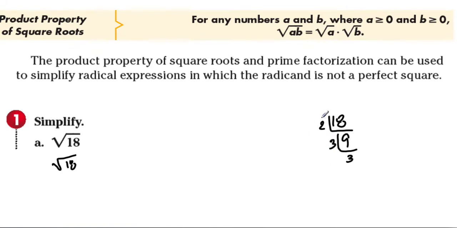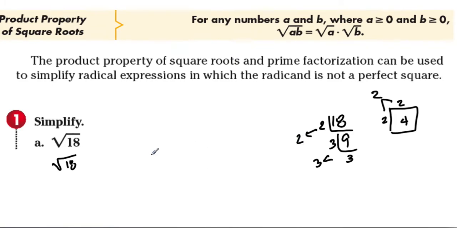And if you notice, since we're talking about a square root, remember, this is a square. Let's say the area is 4. That means the side would be equal to 2 and 2. The root of this square is 2. When you pair up that 2, the root of that square would only be 2. So using the drop down method, the square root of 9 would be 3, and we simply bring down that 2.